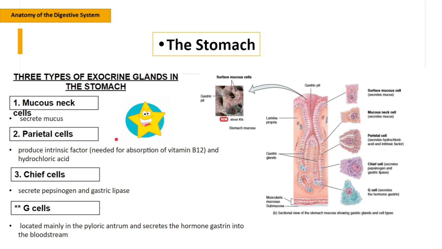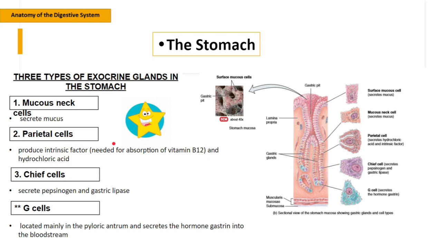Second one is your parietal cells, which produce intrinsic factor. This intrinsic factor is needed for the absorption of vitamin B12, and parietal cells also produce hydrochloric acid. Meron tayong nakitang star. So, what is the recall question, ma'am, in the board exam? The recall question in the board exam was actually asked in the clinical microscopy subject.